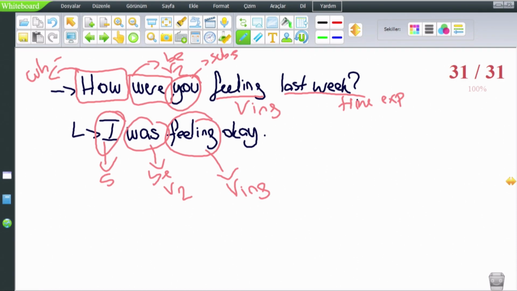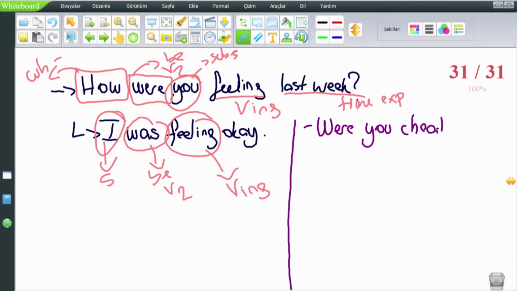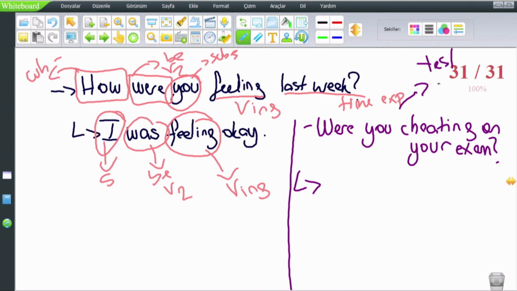What about a yes-no question using past progressive? Let's have a look at that one. Were you cheating on your exam? You can see that this is a yes-no question because it starts with the auxiliary verb of the tense. I can answer in two ways. We have two possible answers. One of them is positive, one of them is negative. Yes, I was.